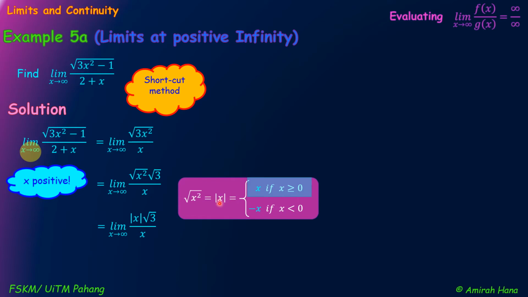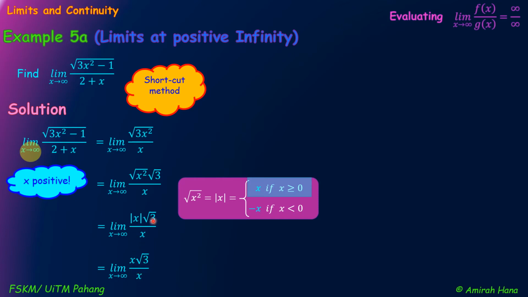So we can write square root of x squared equals modulus x, and modulus x equals positive x, because we solve the limit as x approaches positive infinity, so x is a positive value.